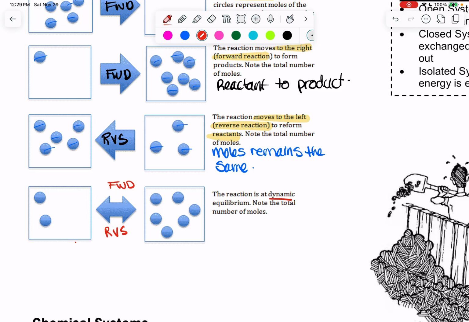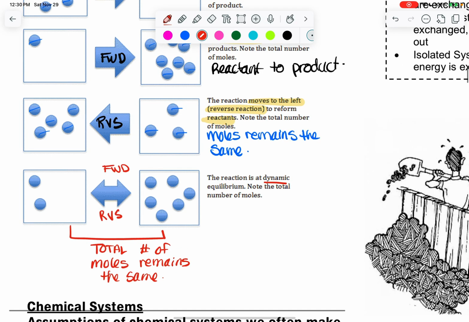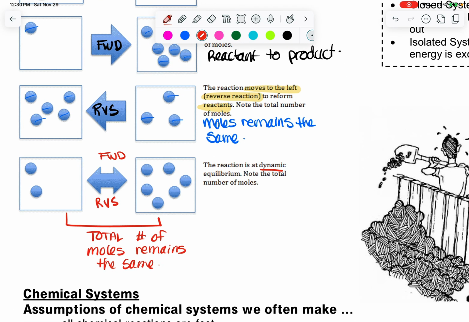So the total amount of moles remains the same. They just go forward and backwards. And when it hits this stage, we say that this reaction has reached equilibrium.